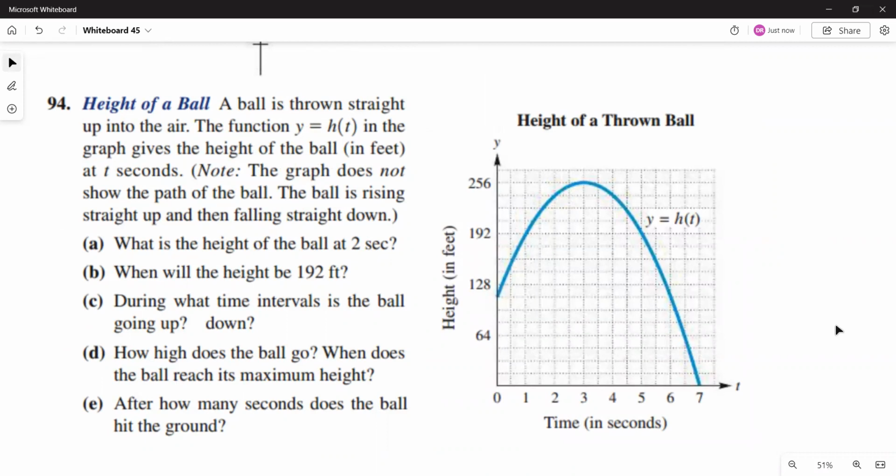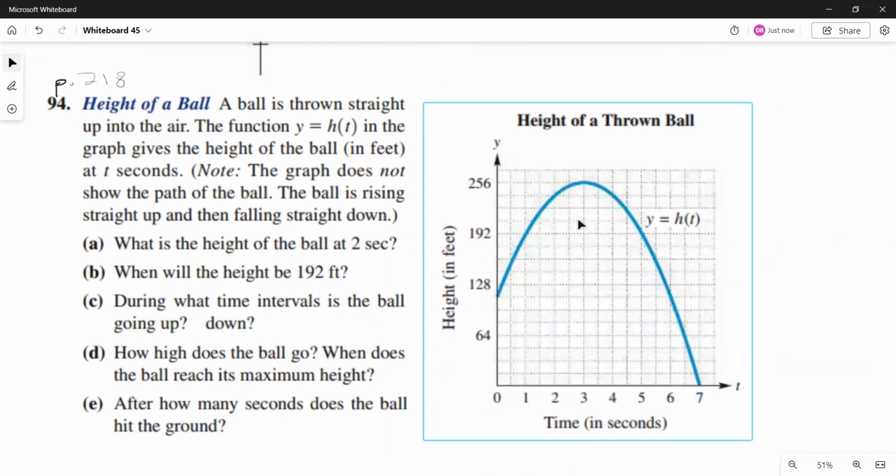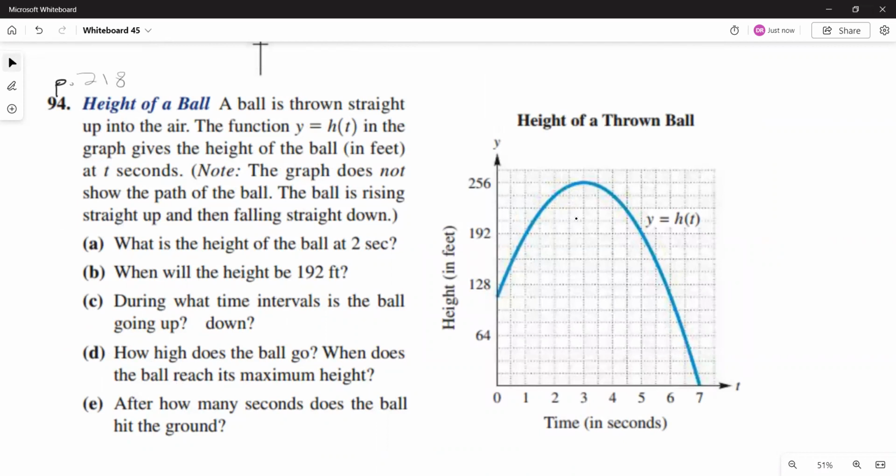A ball is thrown straight up into the air. That's on page 218 as well. The function y equals h of t in the graph gives the height of the ball in feet at t seconds.